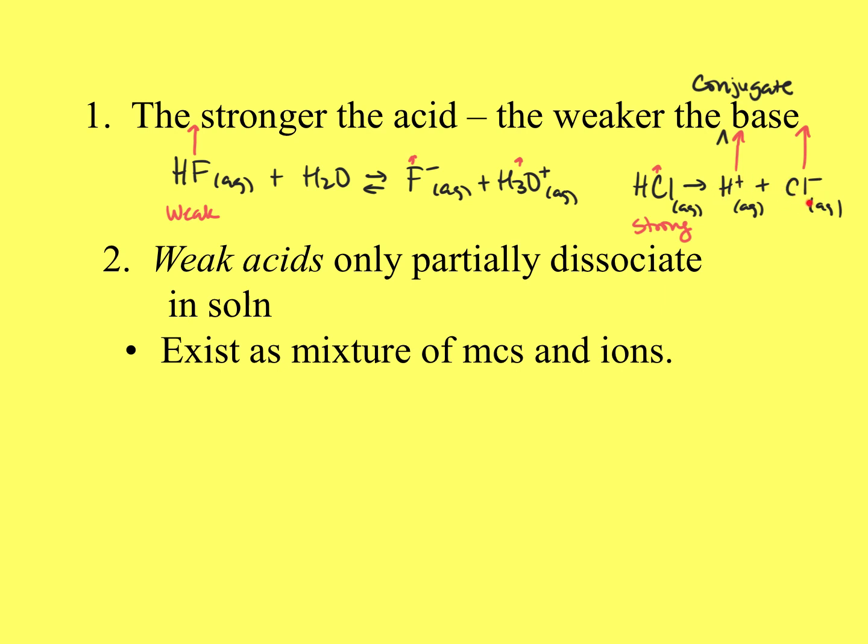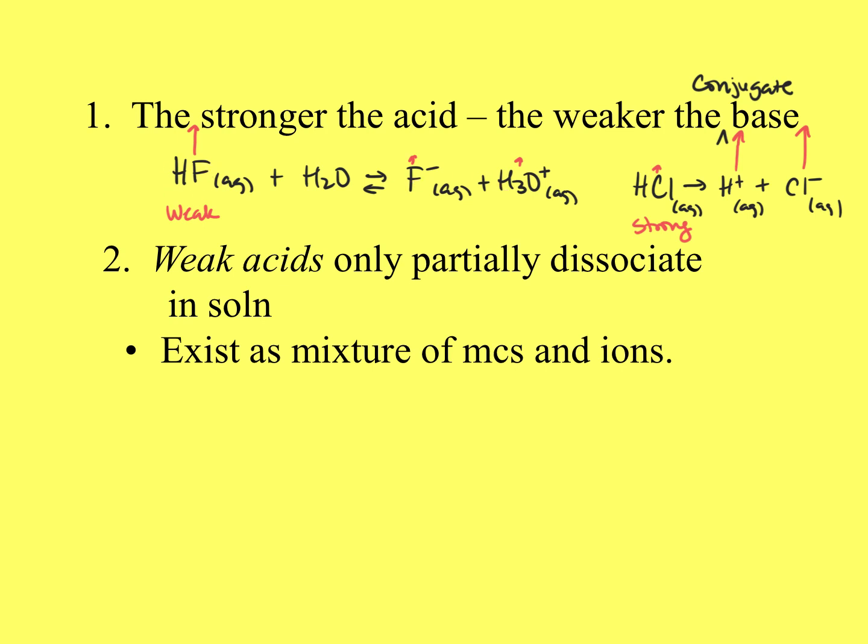So that Cl minus is going to be extremely weak compared to the F negative, which is likelier to want to gain that hydrogen. So in terms of overall strength, the F negative as a conjugate base is going to be stronger than the Cl minus conjugate base because it is more willing to gain a hydrogen to become the conjugate acid.